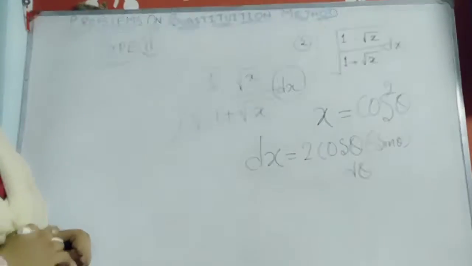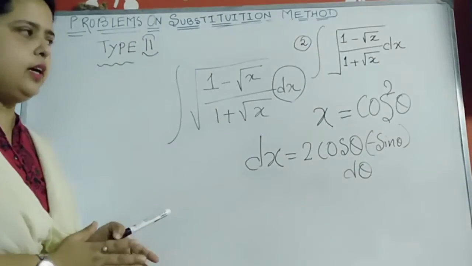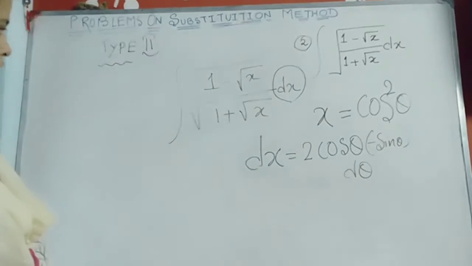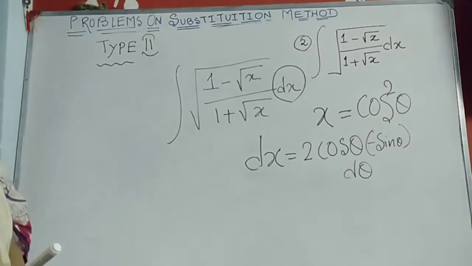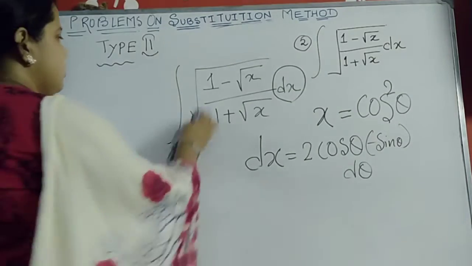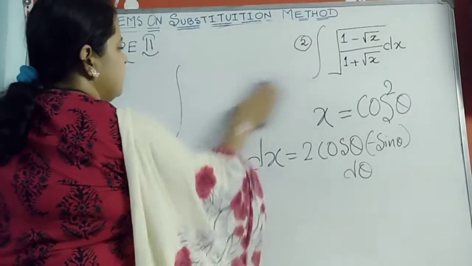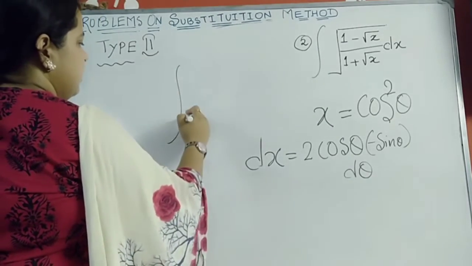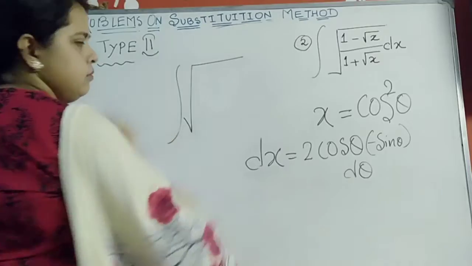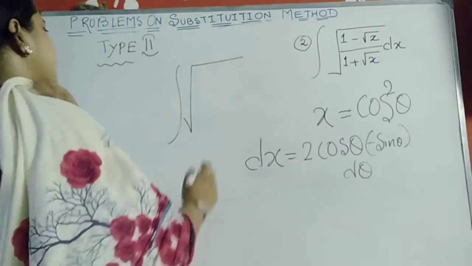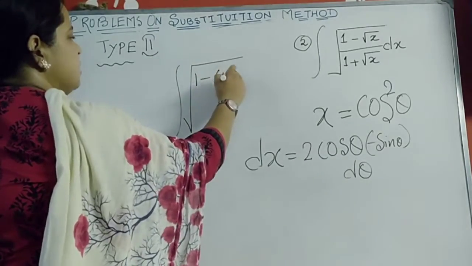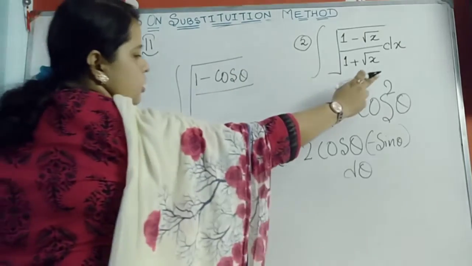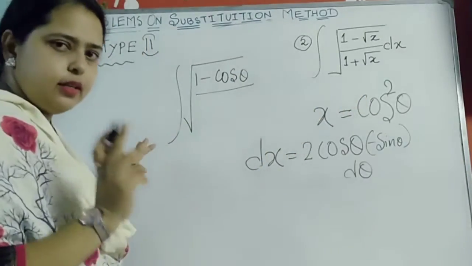So let us substitute everything in the places of x, which is now filled up with thetas. I'm writing a big root over and 1 minus cos theta, because this is cos square, so root x is cos theta.